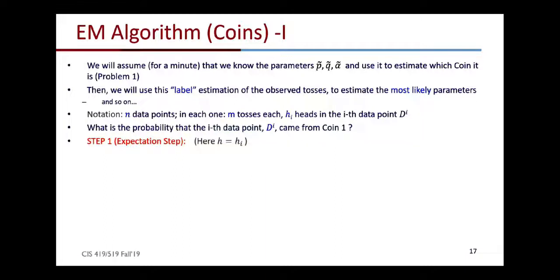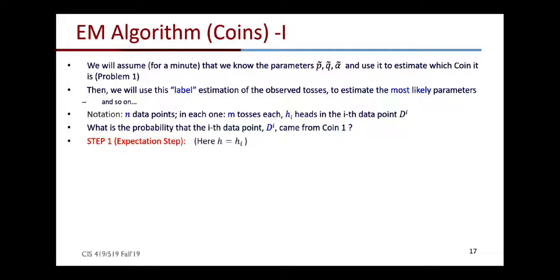So once we do this, I'm repeating, we're going to use this label to estimate the most likely parameter, and we're going to keep on going. So here is my notation. We have n data points. We have m tosses each. h_i heads in the ith data point that I call d_i. So given that I guess I have these parameters, alpha hat, p hat, q hat, what is the probability that the ith data point came from coin 1?